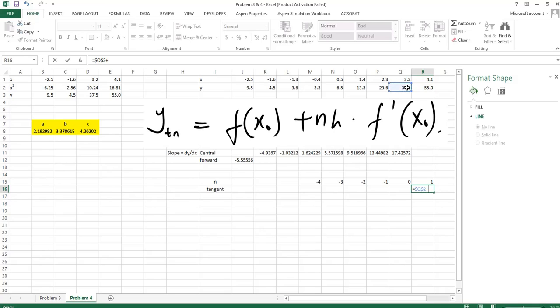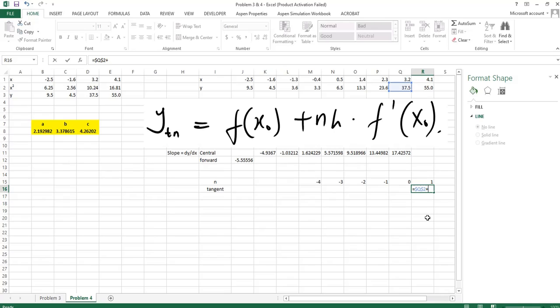Now I'll put the dollar sign behind the Q, I'll fix the Q, behind the 2, I'll fix the 2. So I have that value now, which is 37.5, which is the y value at x equal to 3.2, has been fixed.